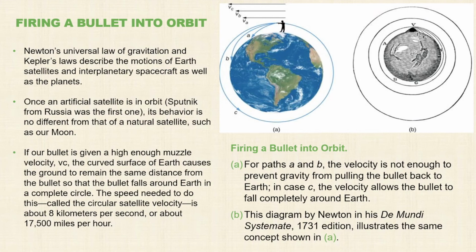It goes farther out. If I can apply enough force to it, I can shoot it to point A. With higher force, shoot it to point B. If I can give enough speed, somewhere, 8 kilometers per second.